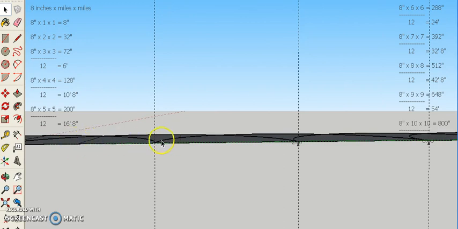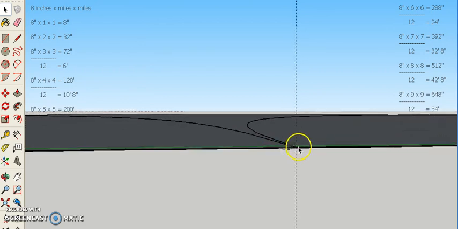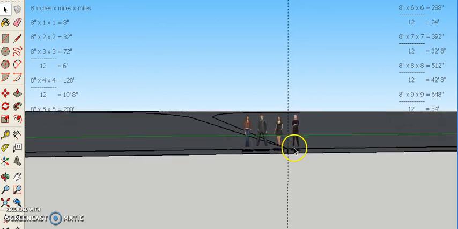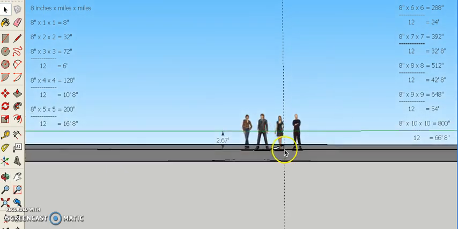So, leading on to mile 2. At 2 miles, 2 times 8 is 16, times 2 is 32 inches. And this drop from the bottom of the plane to the plane of the 0 point is 2 feet, 8 inches, or 32 inches.